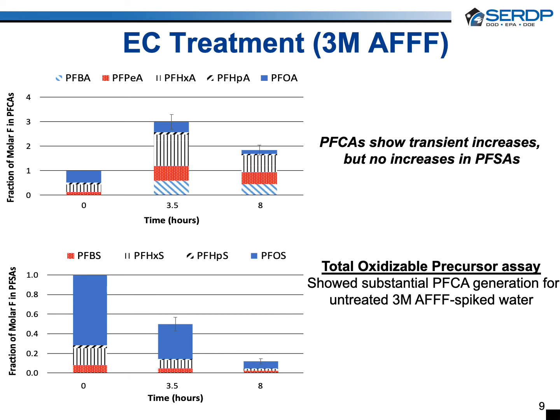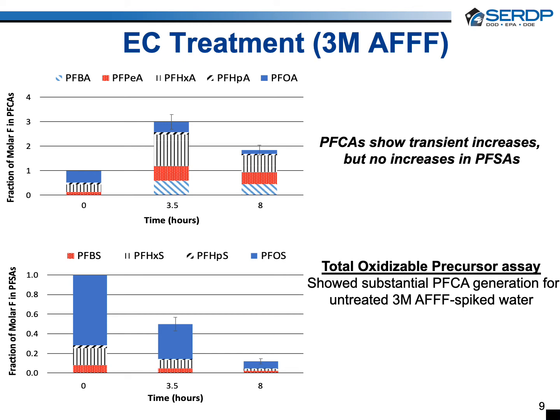Here are some results with respect to the perfluoroalkyl acids during our 8-hour experiment. For this, we took initial measurements of PFAS, then at 3.5 hours, and then at 8 hours, at the end of the experiment. On the top left, we have the perfluorinated carboxylates, and in the bottom left-hand corner, we have the perfluorinated sulfonates. We'll start in the bottom left-hand corner.